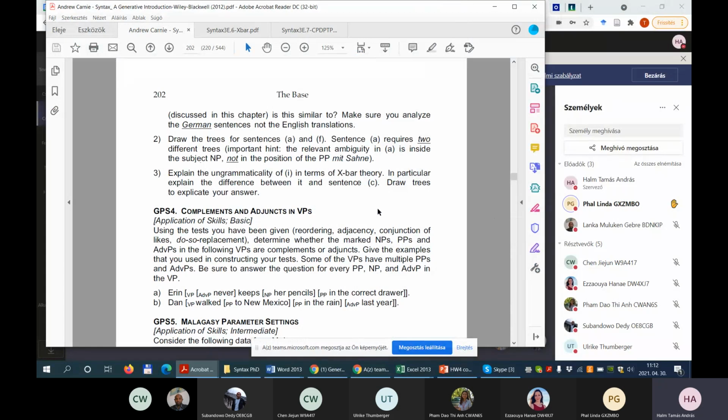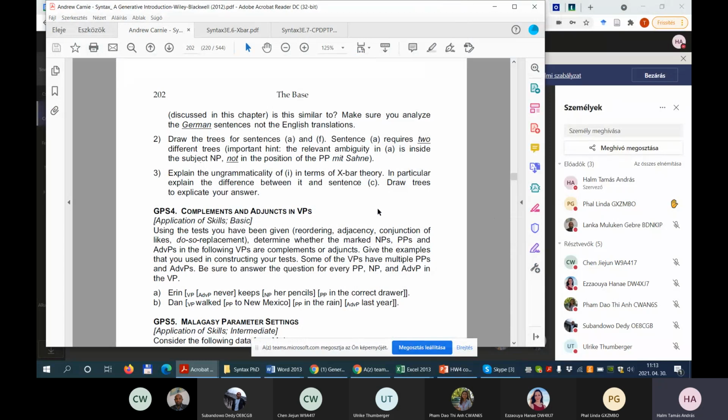Okay, well, I see one issue with this: you can't really have two complements of the same verb, right? Because you remember that the complement is always sister to the head. So if the verb walked is the head, then we can only have one complement. At least this is the theory. So this makes it unlikely that both to New Mexico and last year would be complements.